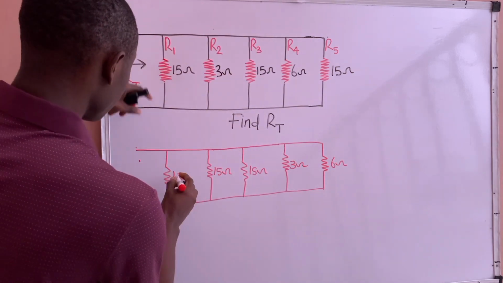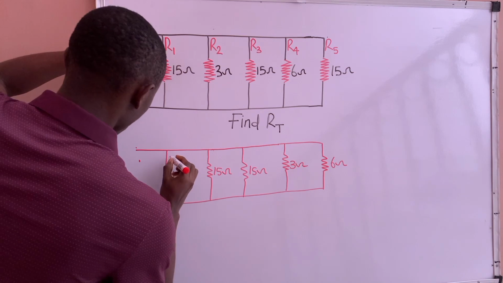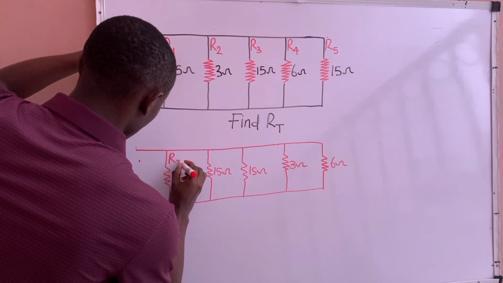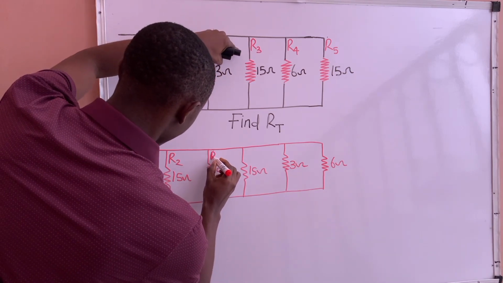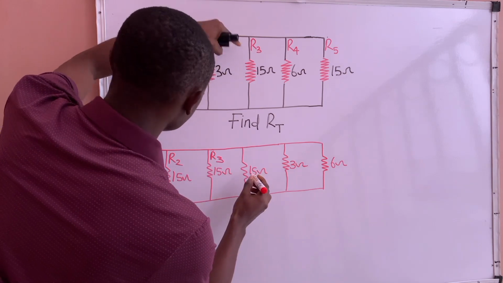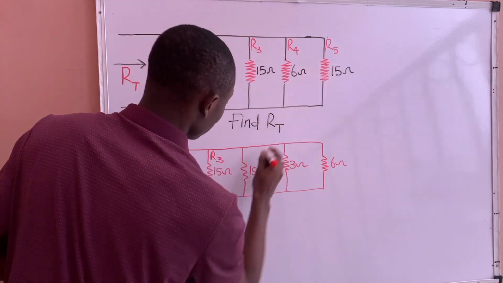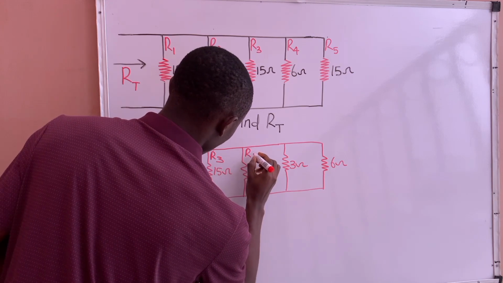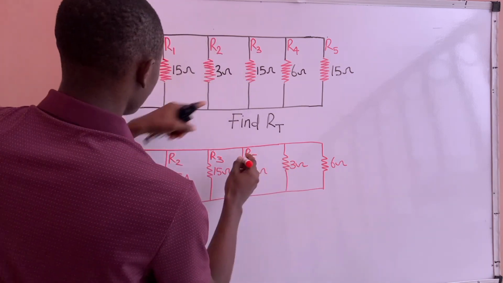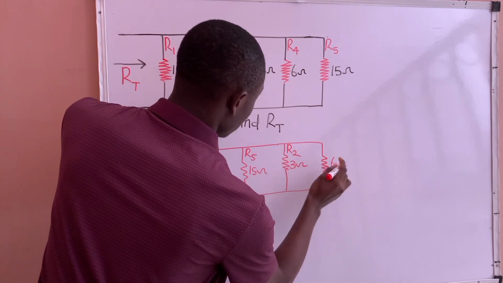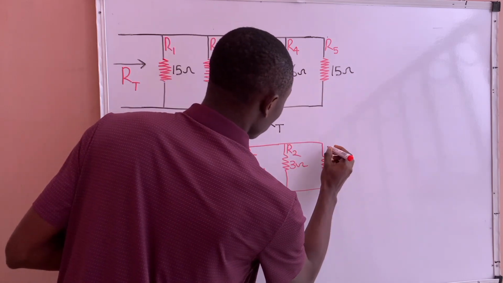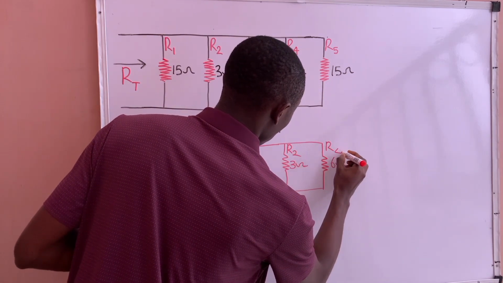So this 15 ohm resistor here is resistor R1, the second resistor is R3, and the third resistor is R5, which is 15 ohms. The 3 ohm resistor is R2, and the 6 ohm resistor is R4.